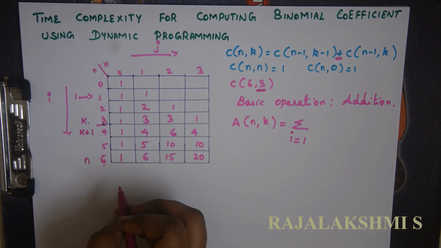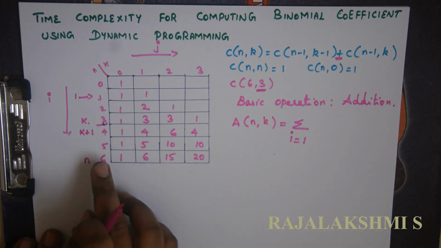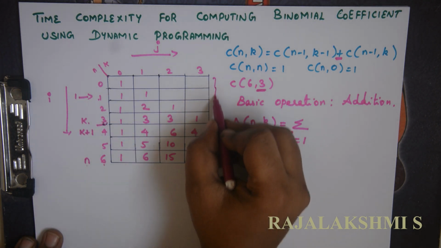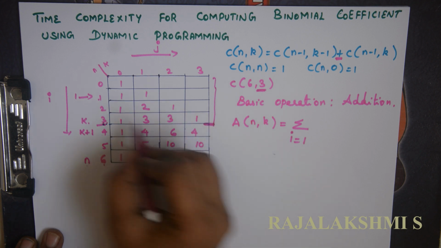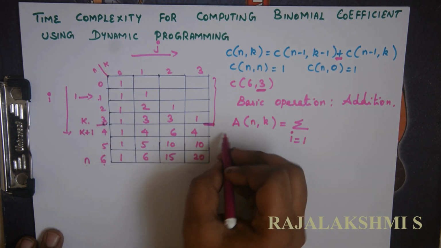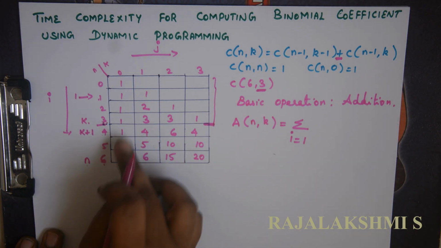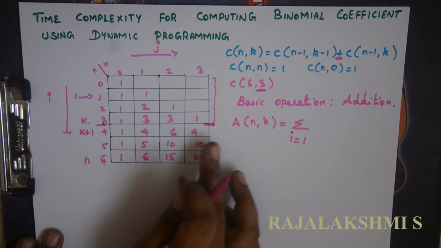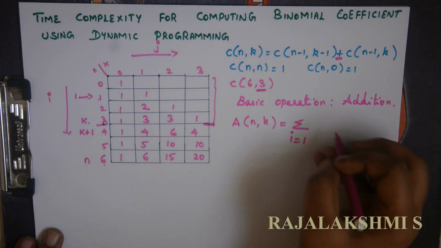Why I am splitting this: if we look at this table, we have a right angled triangle up to k is equal to 3, and 4 to 6 forms a rectangle, right? So we split this into two parts.